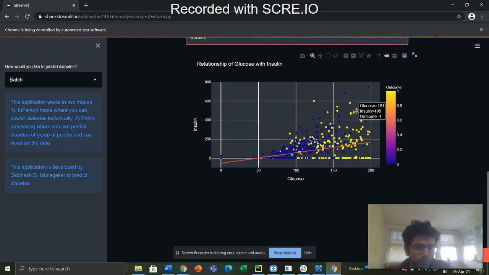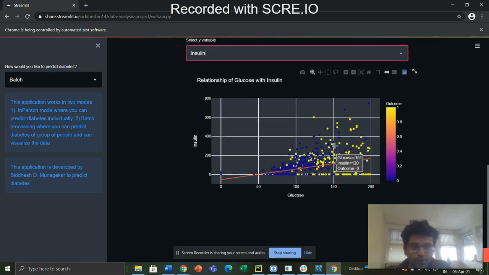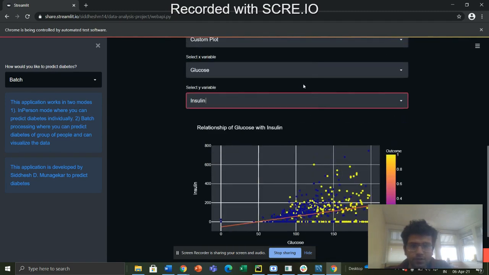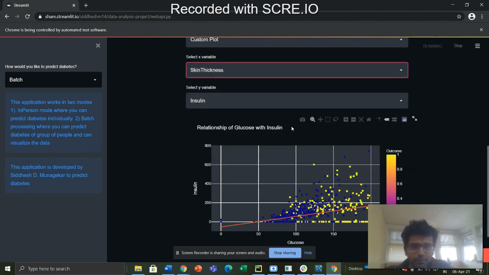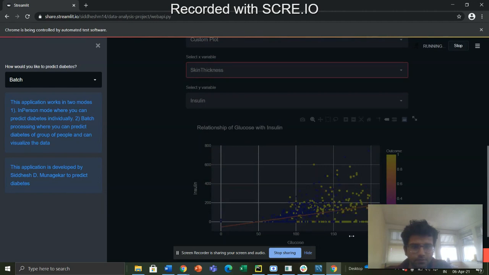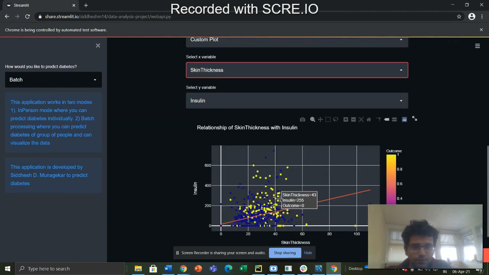Yellow dots correspond to people who have diabetes and blue dots to people who don't. In this way we can see multiple graphs just by changing the parameters, and the plot will change.